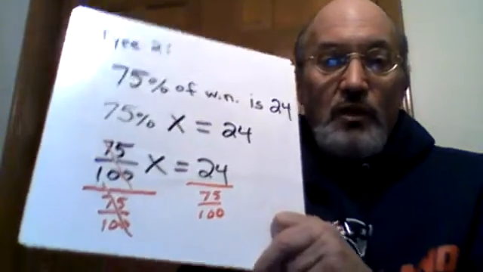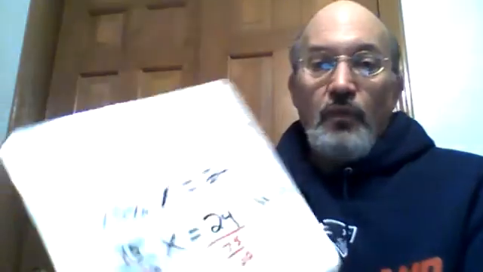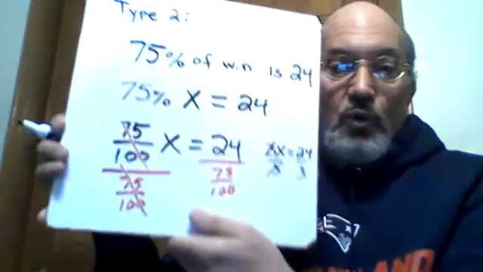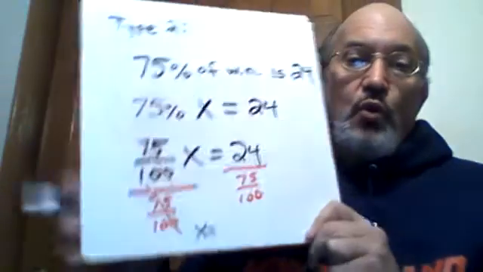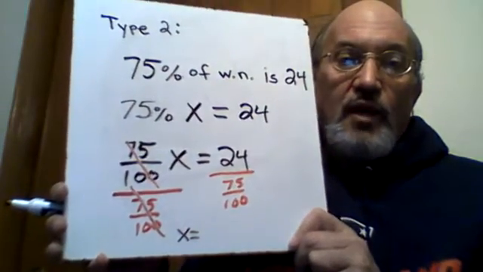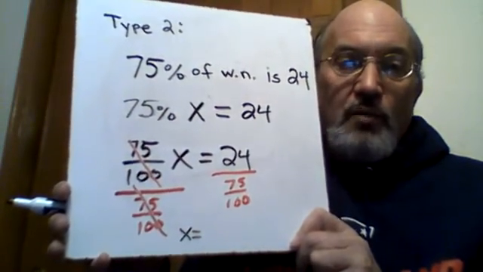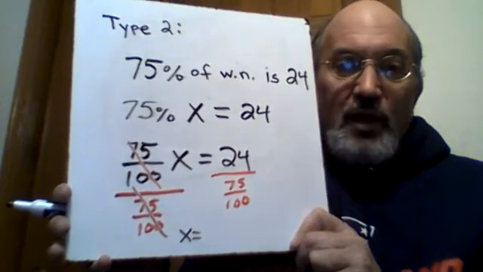And if this looks mysterious to you, algebraically, it's no different than this. 3x equals 24. If we had 3x equals 24, we would divide each side by 3 to get x equals 24 divided by 3, or 8. This is the same thing, except with the fraction 75 hundredths. So we've isolated the x, and we know that it is 24 divided by 75 hundredths. We know how to divide by a fraction. Multiply by its reciprocal.